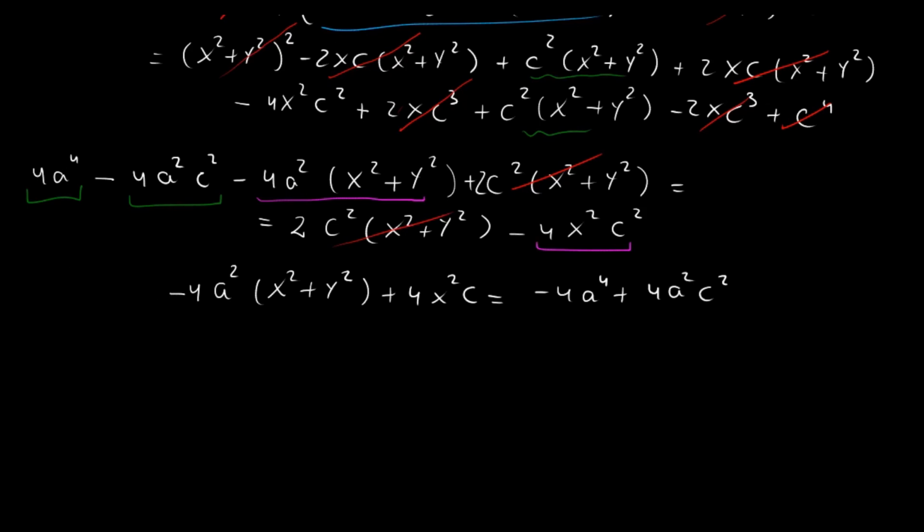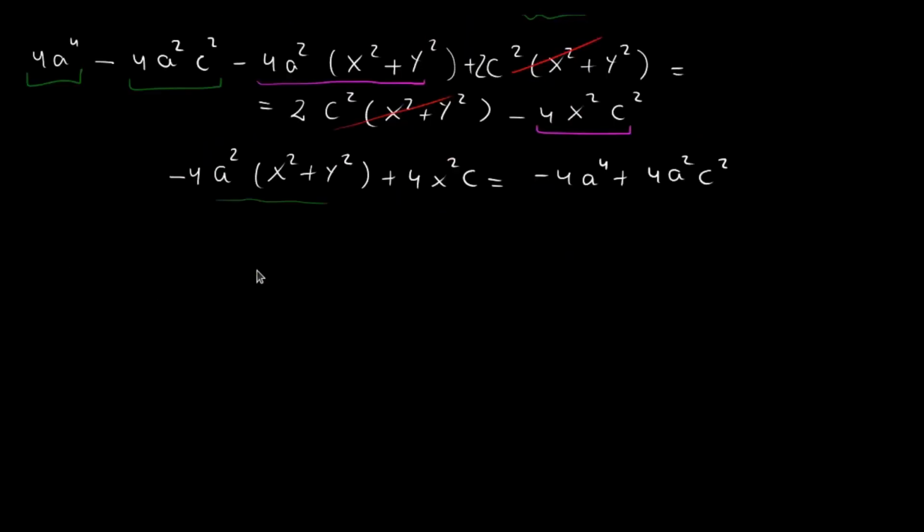I'm gonna work now on this multiplication, so this will be minus 4a squared x squared minus 4a squared y squared, and the rest.